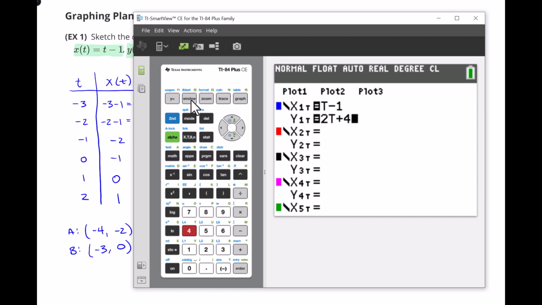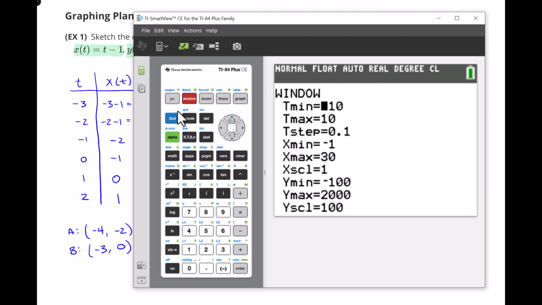And I need to go into my window settings because there's some additional settings here. There's a tmin, tmax, and tstep. All right, so these are your bounds on the variable t. So ours is bounded from -3 to +2. The step is how many points you want to do between each value.